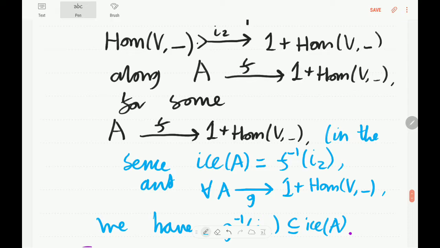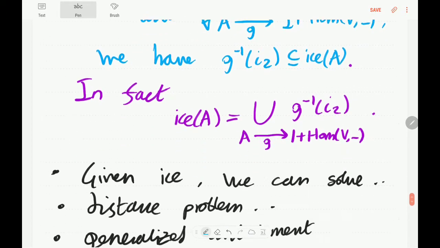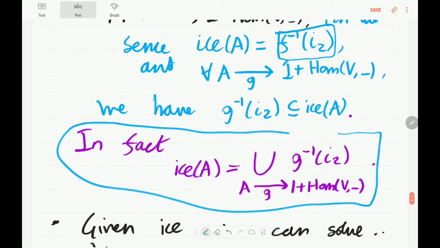Or we can describe it as the union of the pullback of I2 along g for every arrow g from A to 1 plus hom v, blank.